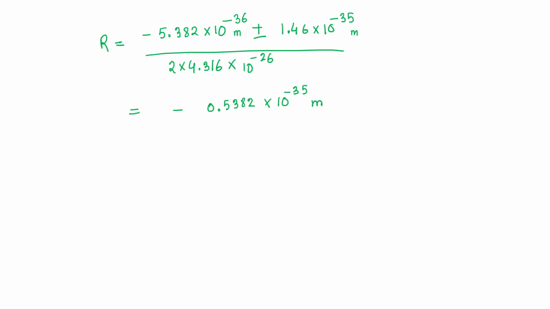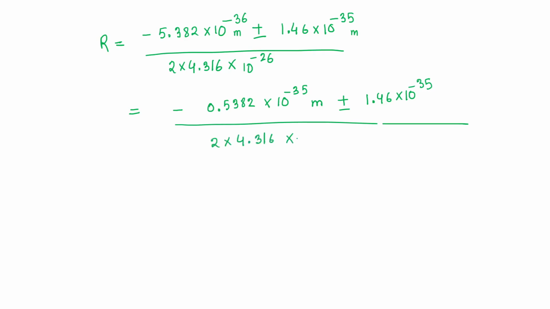And it is plus or minus 1.46 into 10 to the power minus 5. Now it is in the correct order, I guess. 4.316 into 10 to the power minus 26; between 26 and 35, it will be something like 10 to the power minus 9.